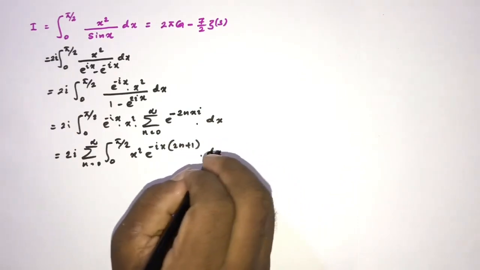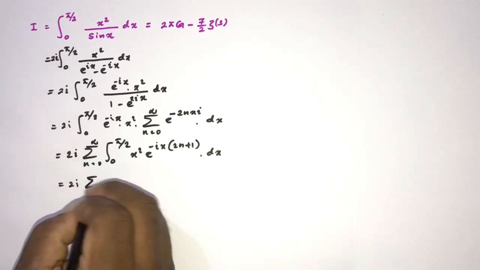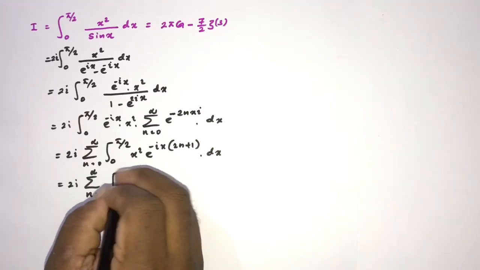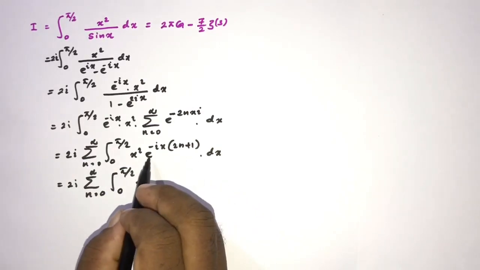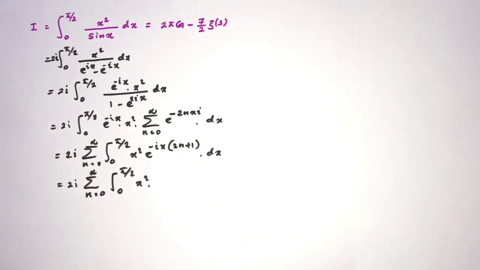Then 2 times i, infinite sum 0 to infinity, integral from 0 to pi over 2 of x squared. Now here we have e to the minus ix times 2n plus 1, so we know the formula: e to the ix is equal to cosine of x plus i times sine of x.